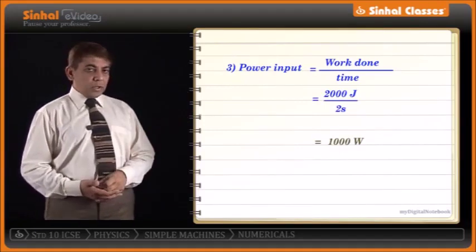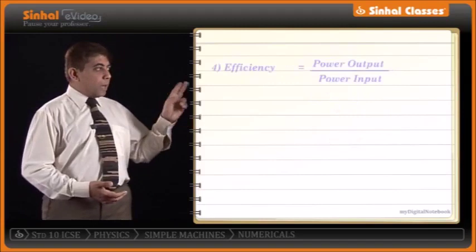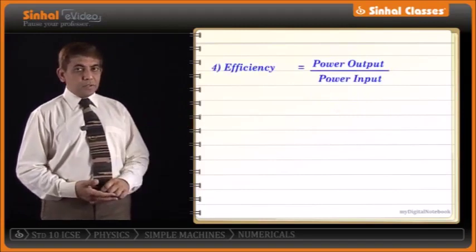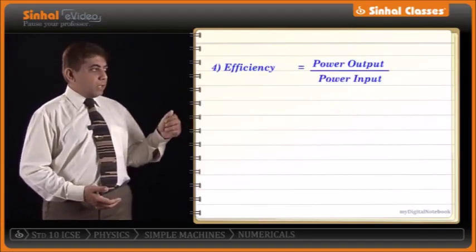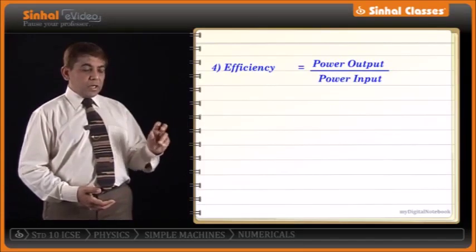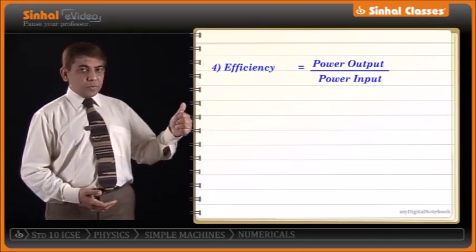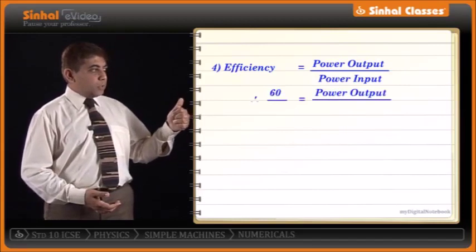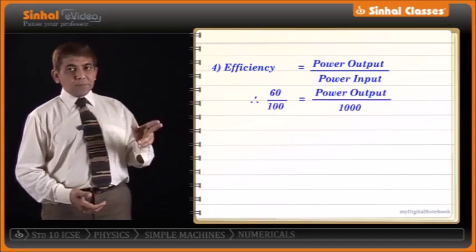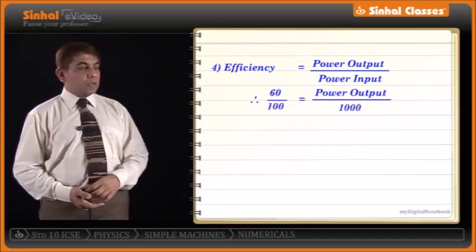Talking about efficiency, we can have efficiency as power output upon power input. We are given the value of efficiency, we are given the value of power input, we can obtain the value of power output as power output is equal to efficiency multiplied by power input.